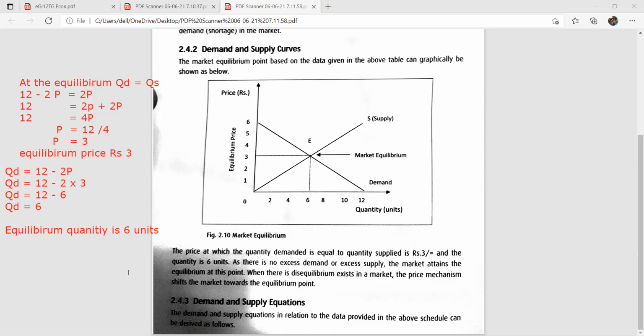So we completed demand, supply. Right now we completed equilibrium as well. So the equilibrium means the way of determining the price of a good when quantity demand is equal to quantity supply.